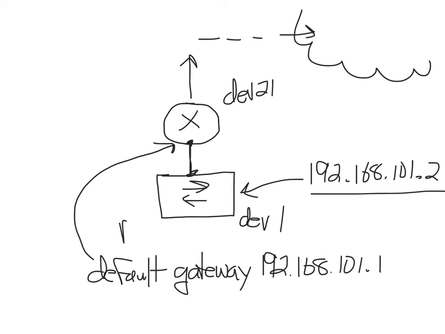Now, we already had PCs connected, and they had connectivity already. So then, to make sure that this connection was working, okay, if you configured that default gateway to here, and if the router was configured correctly, a PC should be able to telnet to the router.